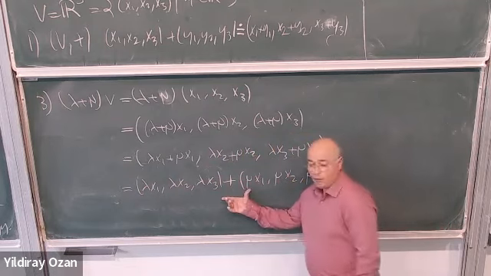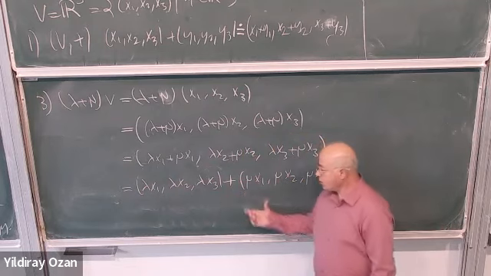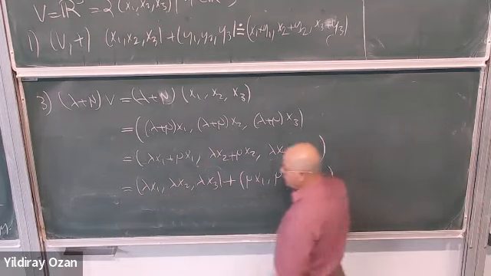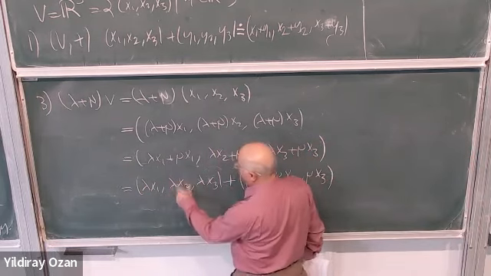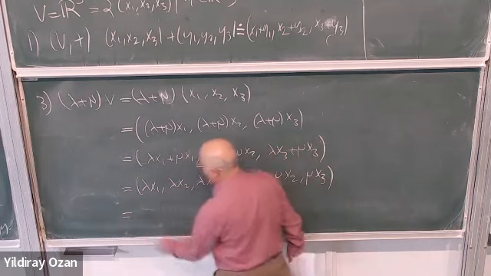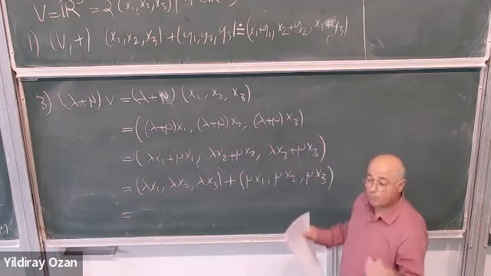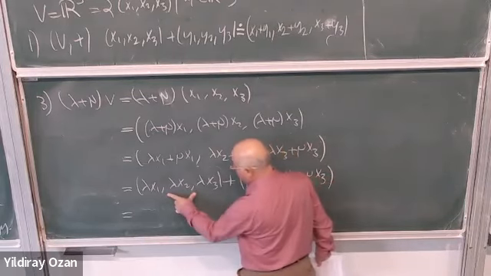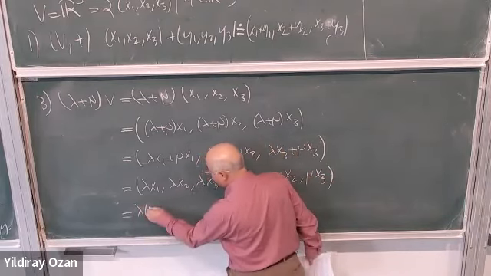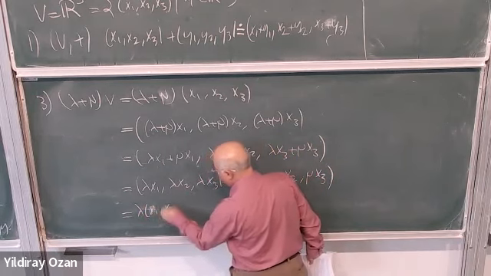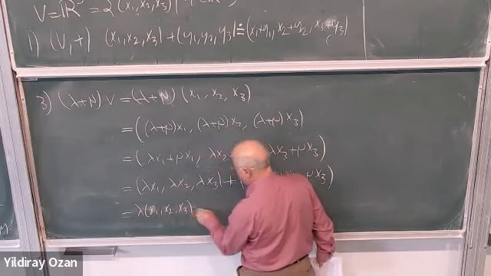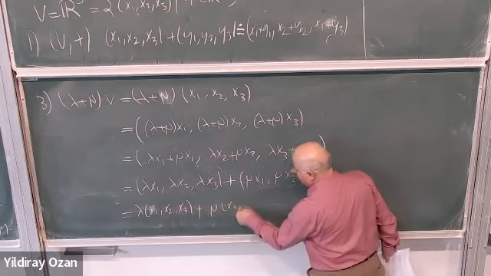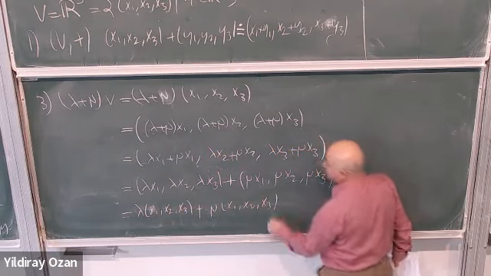How would you sum these two vectors? You just sum components. So this is the definition of vector addition. And then I use the definition of the scalar product. This vector is nothing but lambda times the vector x1, x2, x3, and this is nothing but mu times x1, x2, x3.